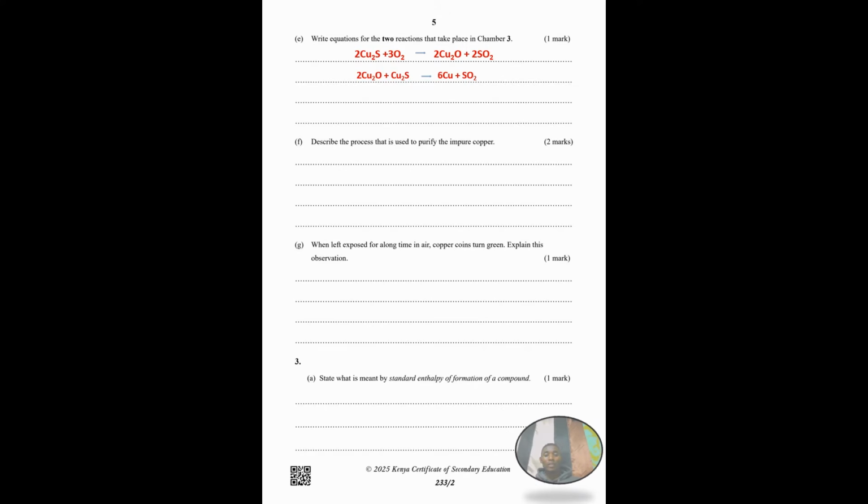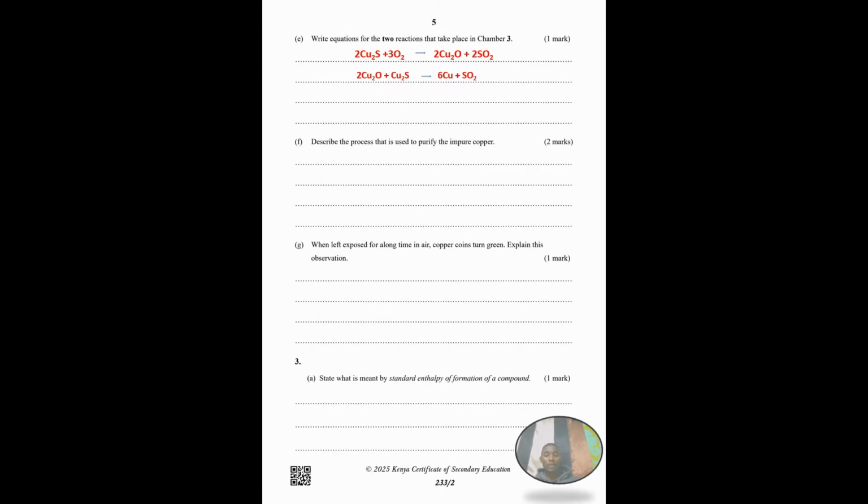Please, learners, don't forget to include the state symbols in these particular reactants and products. Oxygen is a gas, copper 1 oxide is a solid, copper 1 sulfide is a solid. Copper, in this case, is formed in liquid form, in a molten state.